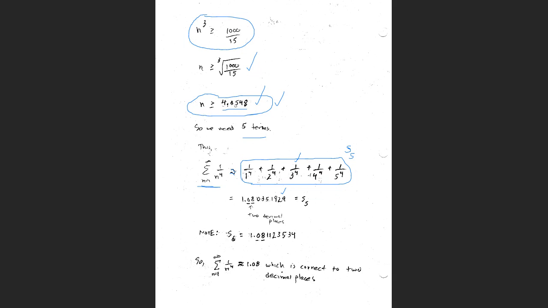I can't add that. I can add an integer number of terms. So if n has to be greater than or equal to 4.0548, then n has to be at least 5. Felicity, are you comfortable with that? Okay, good. You're welcome.